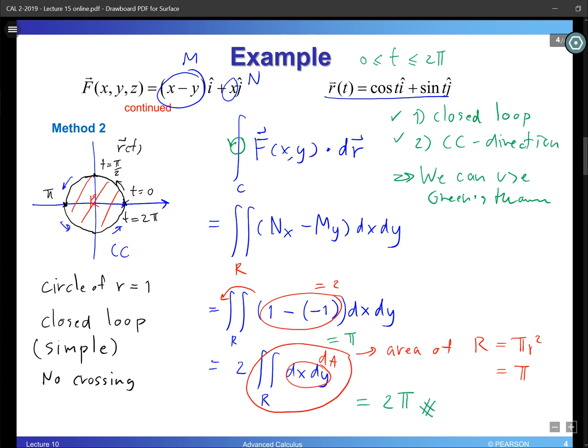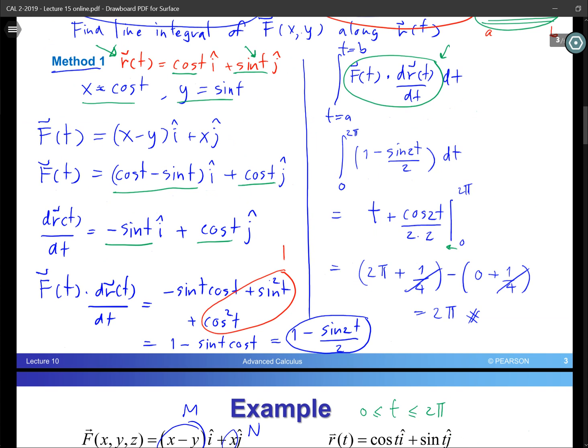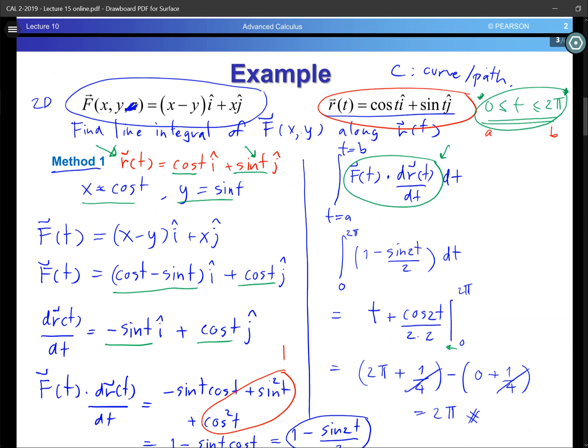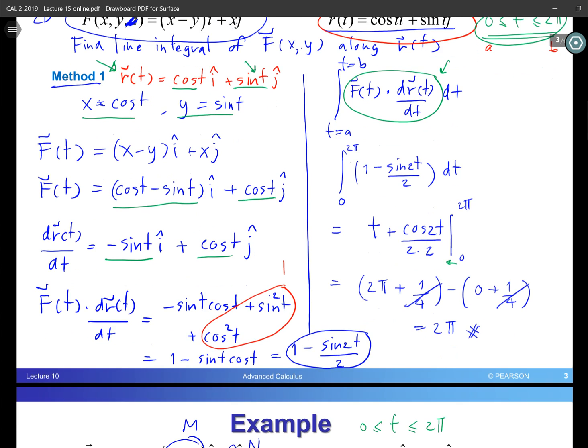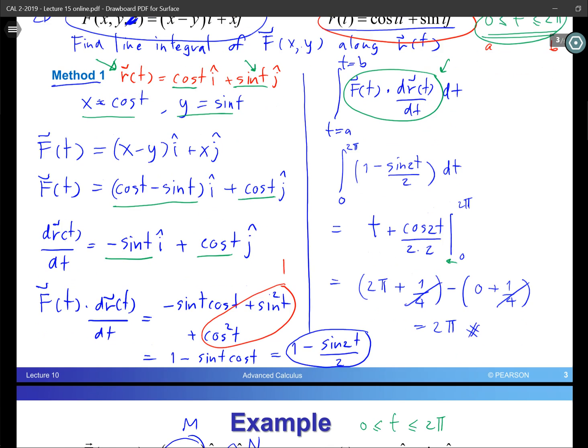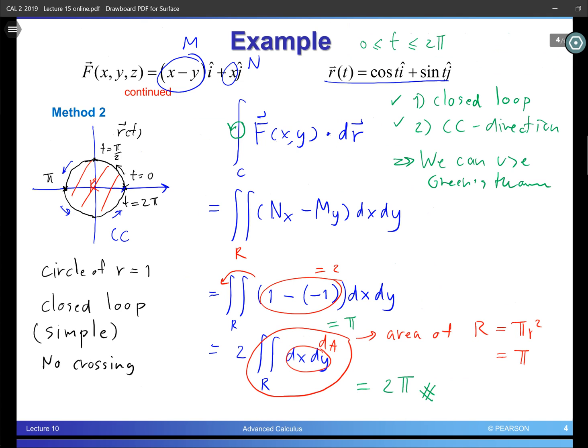As you can see, in method 1 we perform the line integrals along this curve in a traditional way, moving from starting point to the end point, and we get this 2 pi. In method 2 we test for the conditions for Green's theorem.